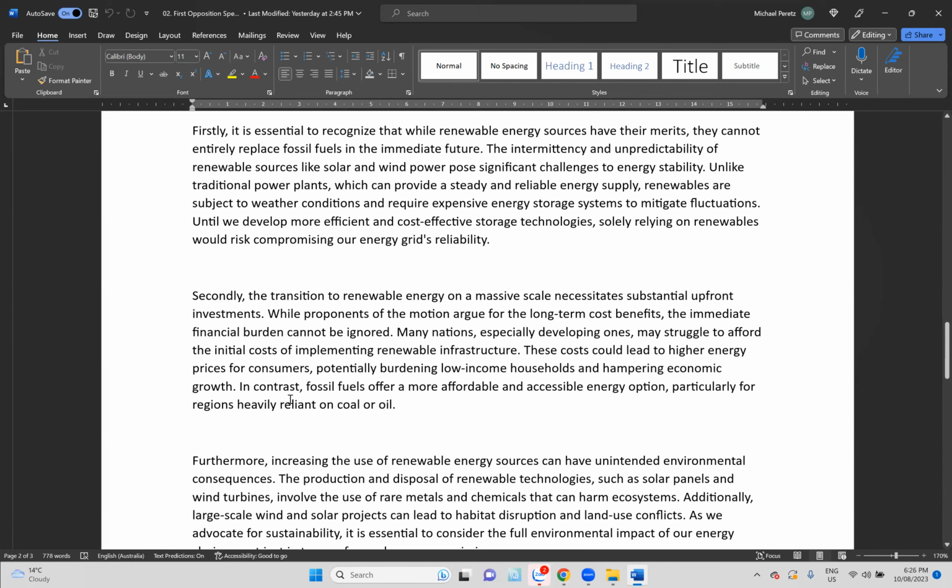So in contrast, fossil fuels are a lot more affordable and accessible. Fossil fuels offer a more affordable and accessible energy option, particularly for regions heavily reliant on coal and oil. So again, everything that we've said just goes back to how much it's going to cost and the effect that that cost will have on the people that rely on the energy.